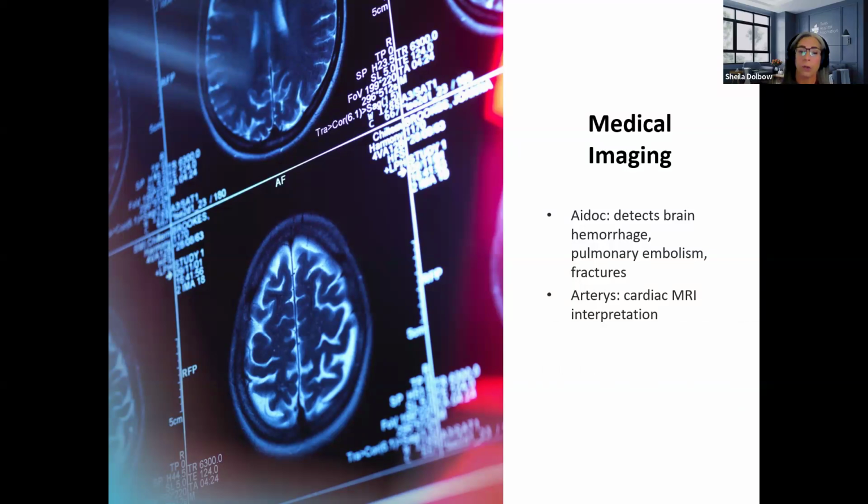A lot of times when you have radiology reads, they're going to have a second physician who will read the exam as well, just to make sure that we're constantly looking out for misreads and things that are missed on radiology exams. Well, some of these AI tools can take the place of that secondary person and provide that overread. Arterys helps with cardiac MRI interpretation.